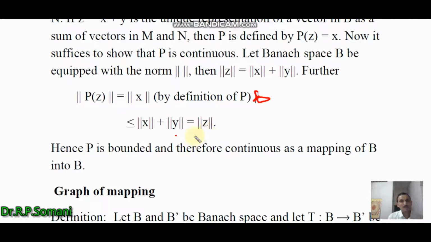Hence P is bounded and therefore continuous as a mapping of B into B. So in this way we have obtained the required projection P when we are given that B is the direct sum of M and N.